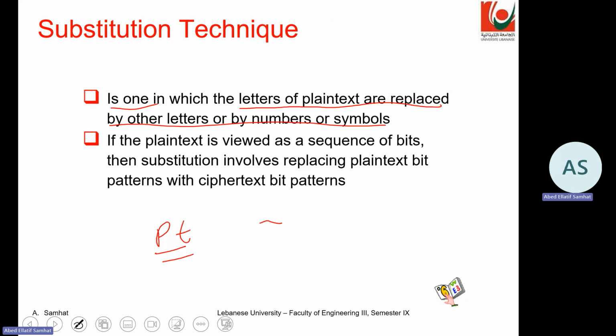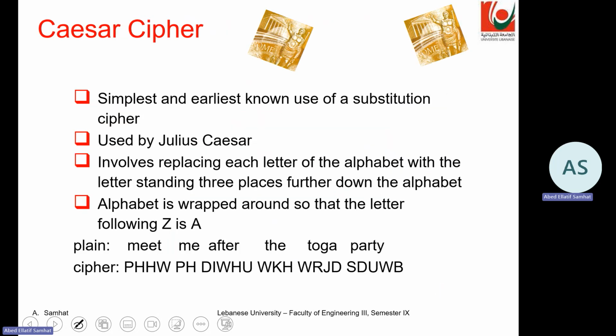So if the plain text is viewed as a sequence of bits, it's possible to make a substitution that replaces a plain text bit pattern with a ciphertext bit pattern. So it's possible also to apply it at the bit level or bit sequence. The first algorithm adopting substitution is Caesar.